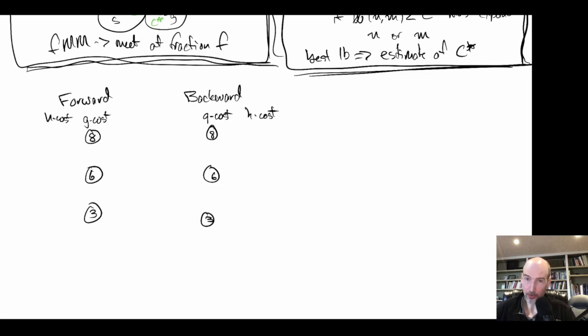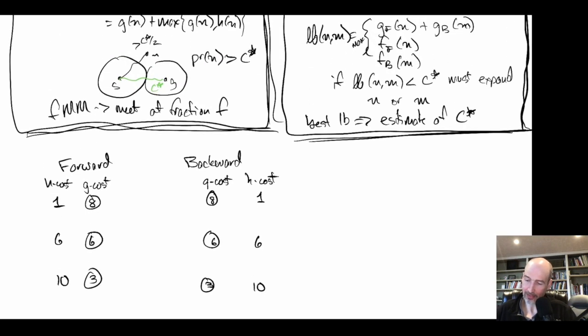The H cost here is going to be 1, 6, and 10. And over here, the H cost is 1, 6, and 10. So we're going to ask this question: which pair of states in this example has the lowest lower bound? And remember, lower bound is the sum of G, or F in the forward, or F in the backwards.